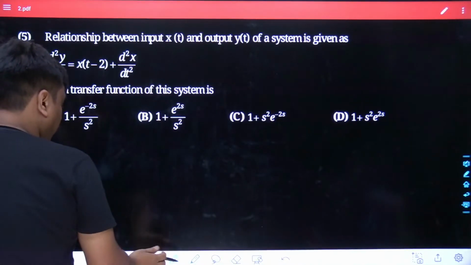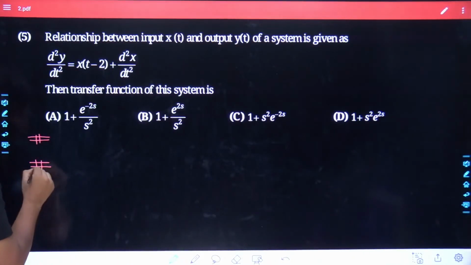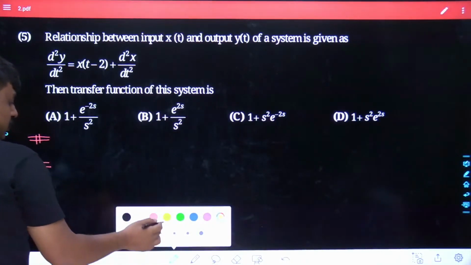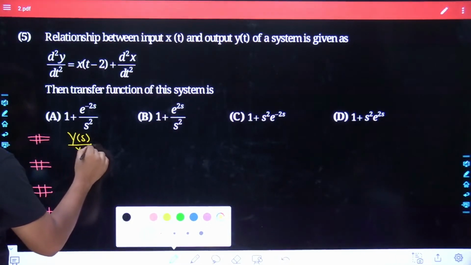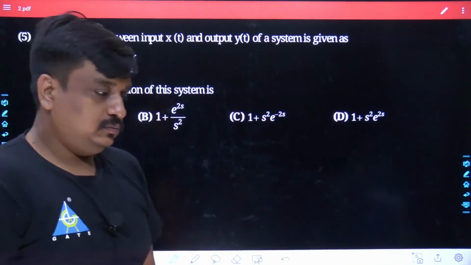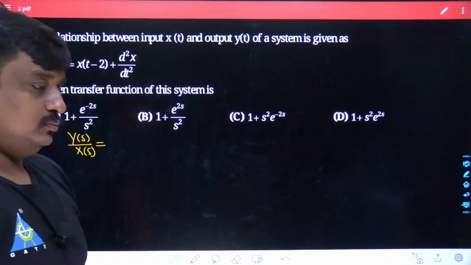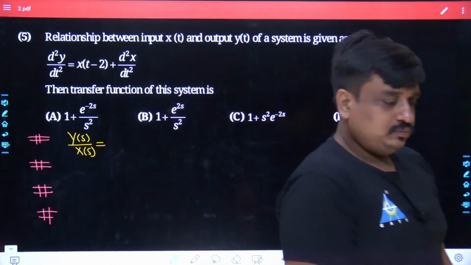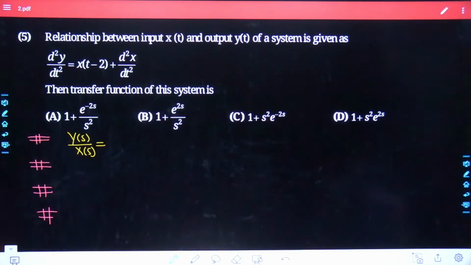So we are looking for the ratio of output to input in the Laplace domain. Tell me what would be the best answer for this given problem.